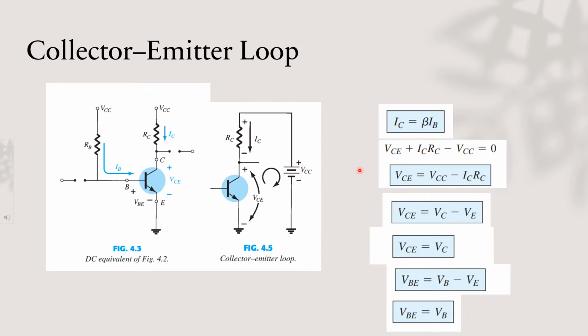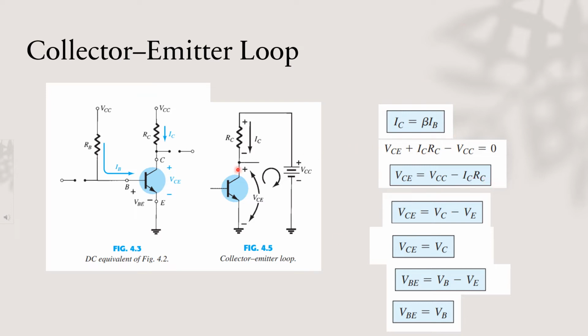Going along with the loop, we have VCE going up, going outside the positive polarity. We have VCE plus ICRC minus VCC equals 0. Isolating VCE, we get VCE equals VCC minus ICRC.